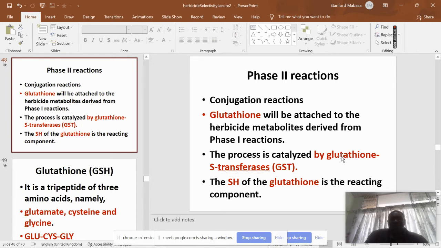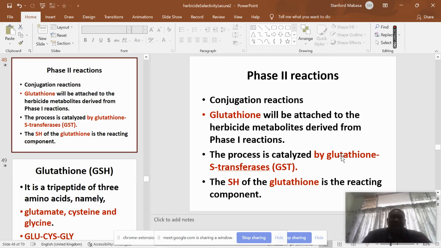Then I will talk about the activity of sugar, which is produced in the plants. Then I will talk also of the activities of the amino acids, special amino acids produced in the plant. So let us focus on glutathione under conjugation reactions.